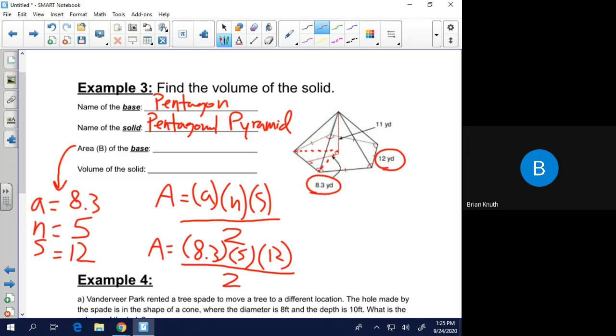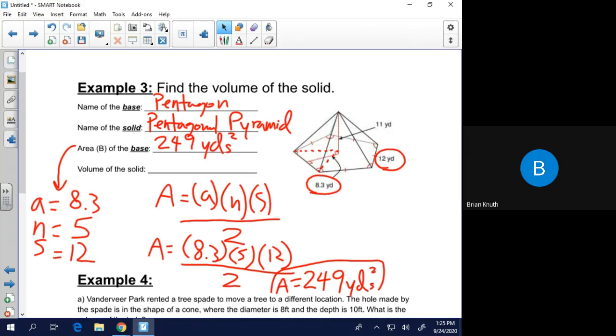And when I plug that into my calculator, I'm running out of space here, but I'll put it down here. I get area equals 249 yards squared. Okay? So I'll plug that in for the area of my base, 249 yards squared.